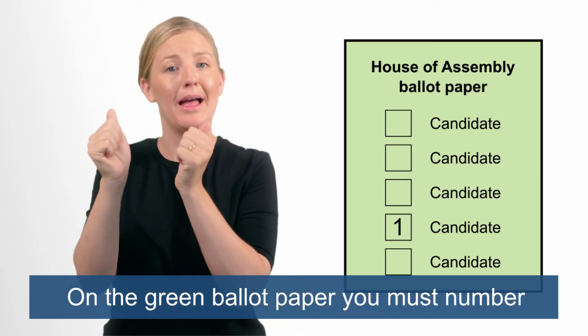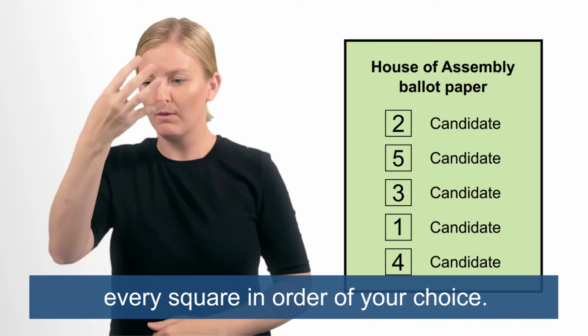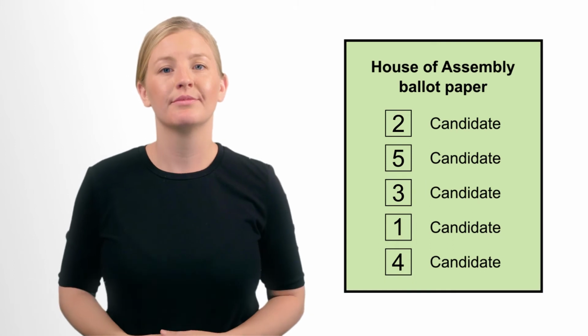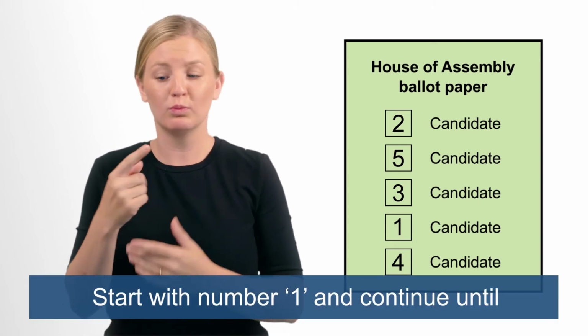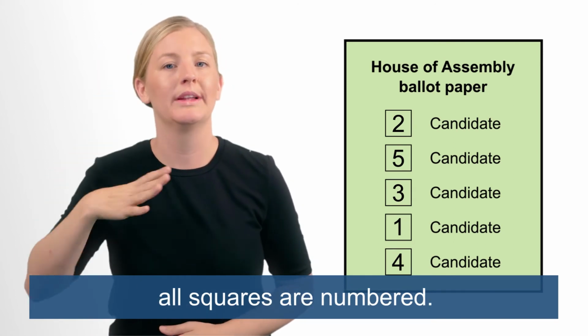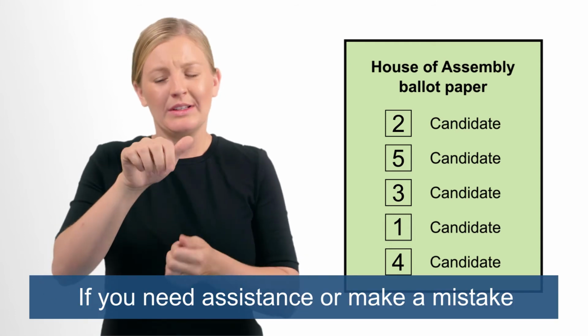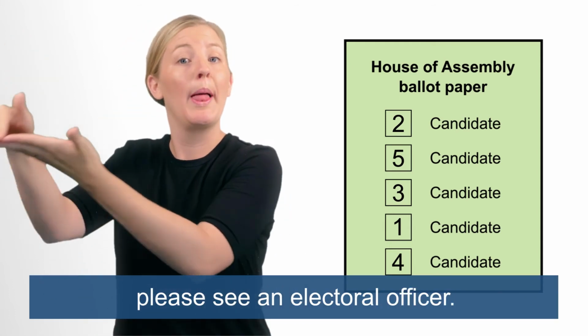On the green ballot paper, you must number every square in order of your choice. Start with number 1 and continue until all squares are numbered. If you need assistance or make a mistake, please see an electoral officer.